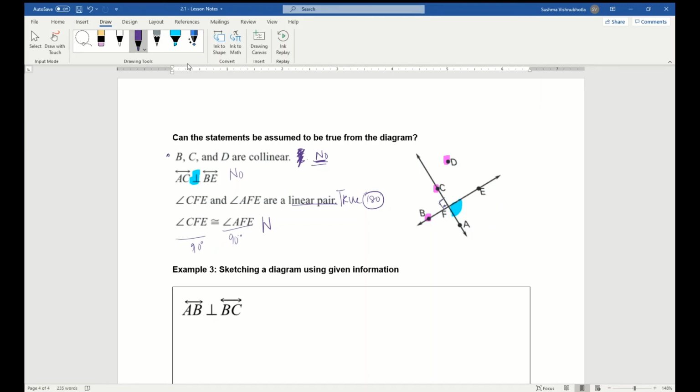If I gave you the little 90-degree symbol, this would actually be true, because if this is 90, this is 90. All the angles around this point would be 90. But that's not the case here. Okay.